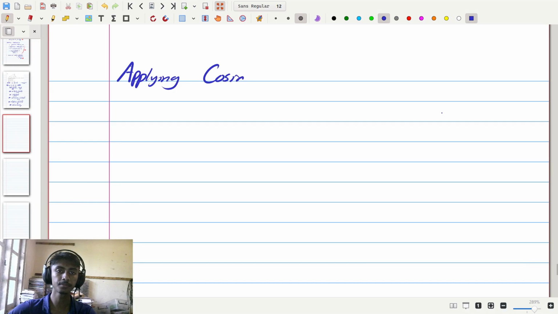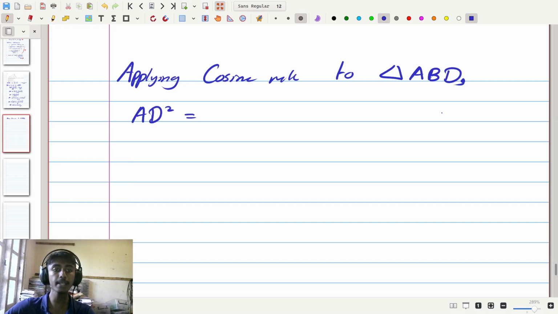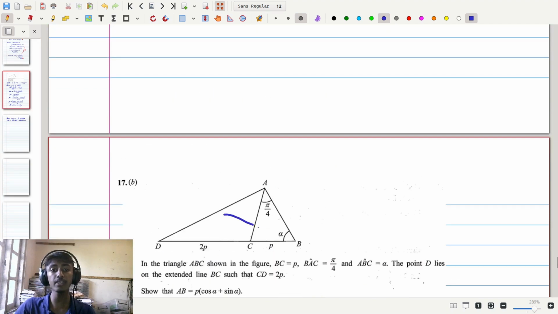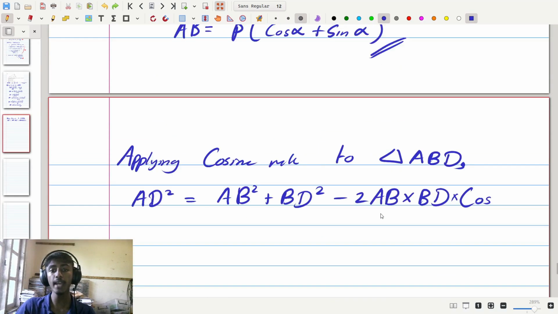So according to that, let's go down and let's say applying the cosine rule to the triangle ABD. Now considering this, we want to find AD, so we can write AD squared equals the other two side lengths squared added together, which is AB squared plus BD squared minus double the first side length AB times the second side length BD times the cosine of the angle in between them, which in the case of AD, the opposite angle is equal to alpha, and therefore we have cosine of alpha.